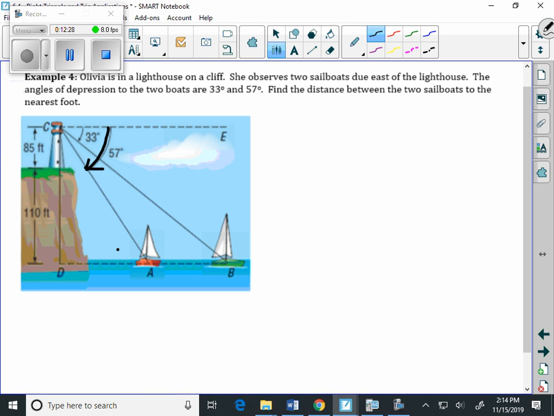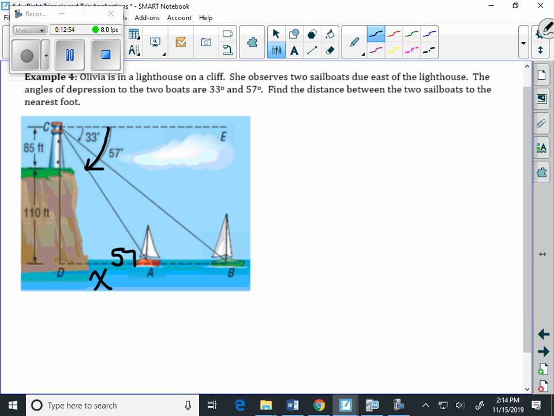That means that this angle right there is also 57. The horizontal at CE, the horizontal at DB, and then the alternate interior angles. So now we know an angle in a triangle, and eventually we're going to try to find the length of DA, which I'm going to call X.